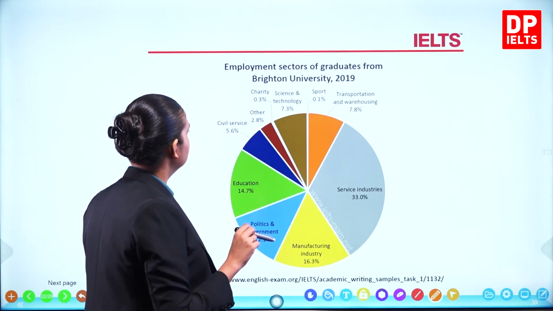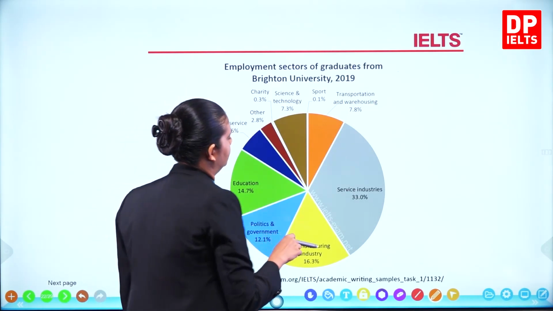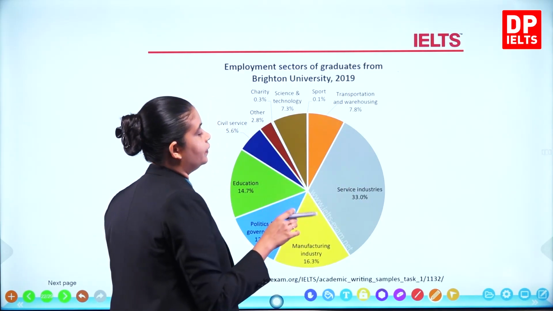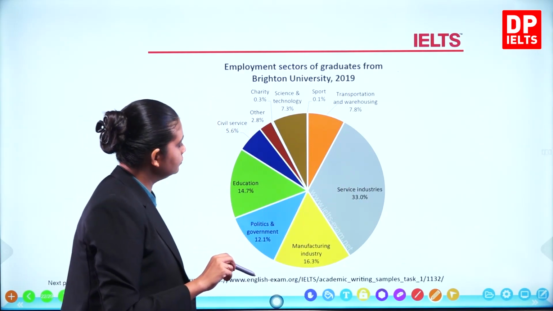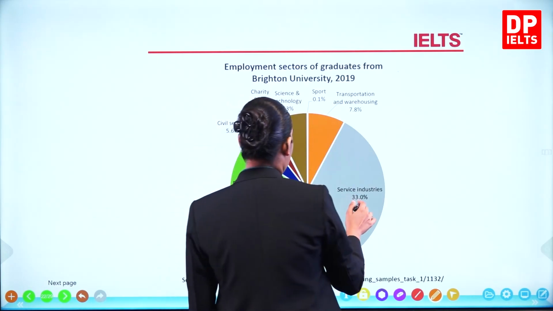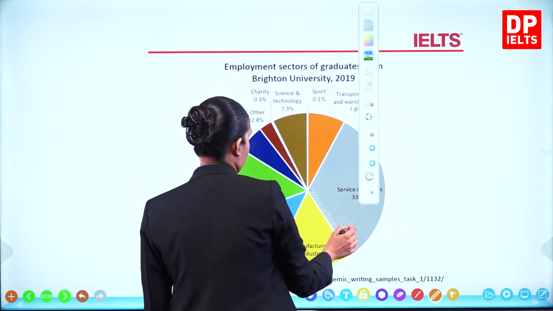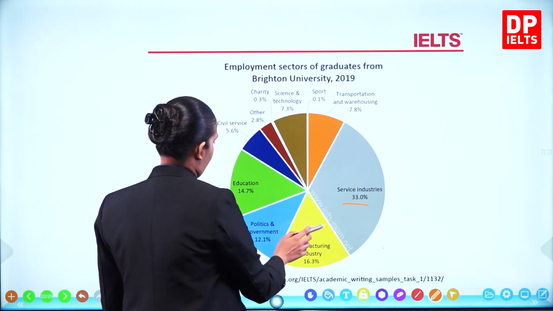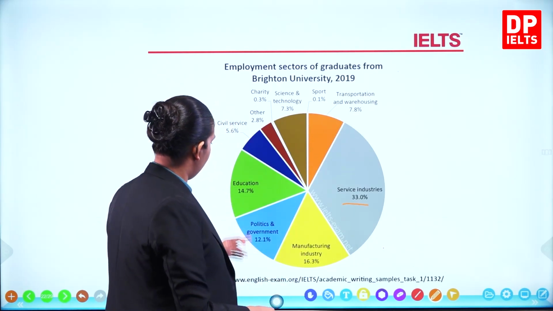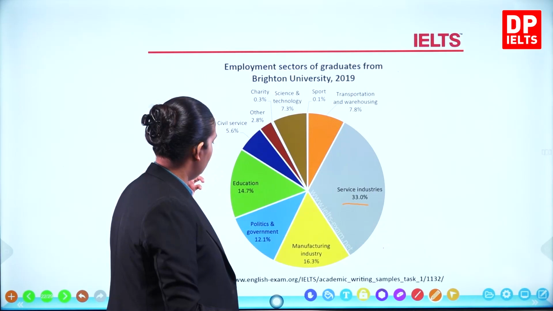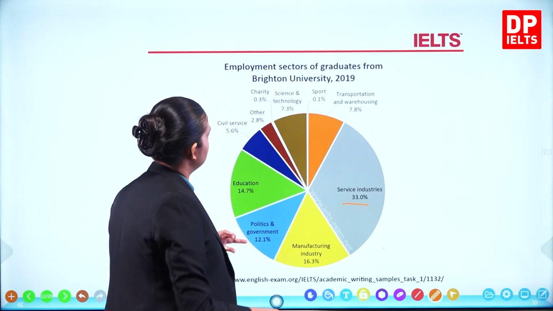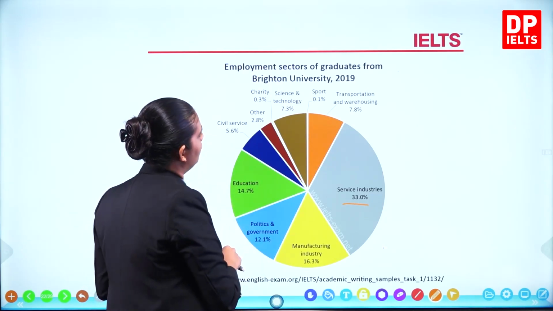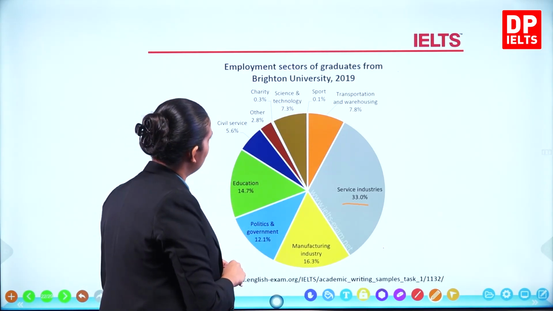Here you can see that there is no key, everything's rather like a label. Service industry is 33%, which is the highest, okay? Then you've got the manufacturing industry, the education industry, the politics and the government, and then transportation and warehousing, science and technology.